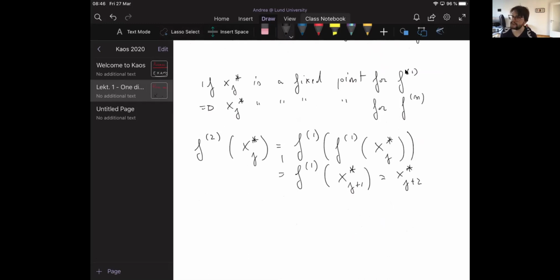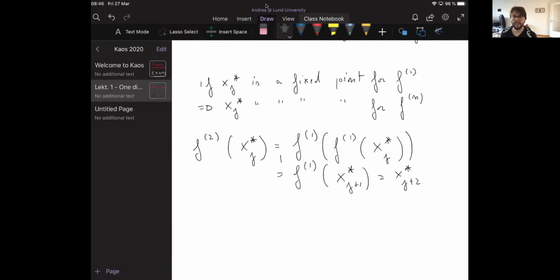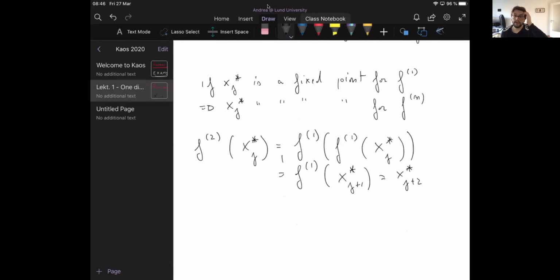Is it trivial for you? Yes? No? This last step, yes. Let's see the chat. Okay. Very good. And then Marcus, is it not clear also the fact that if you have a fixed point for the first return map it is also a fixed point for the second and the nth?